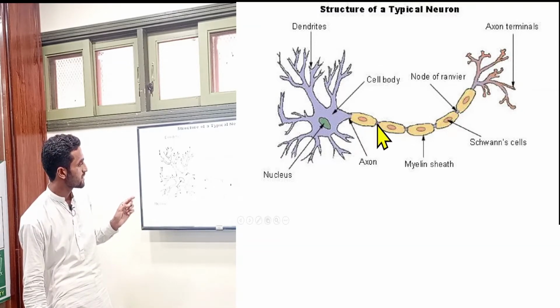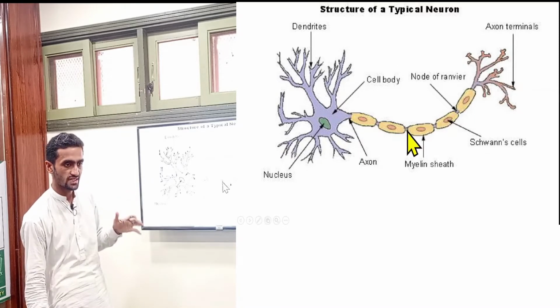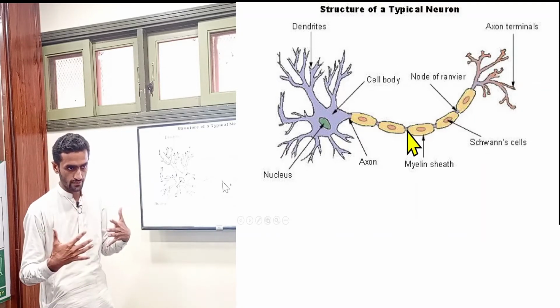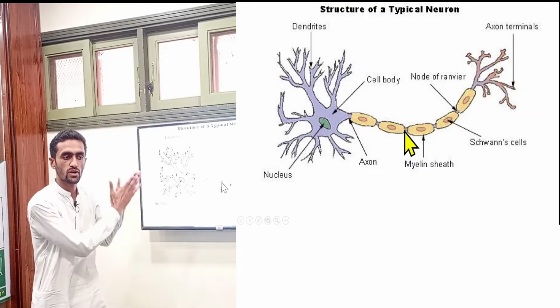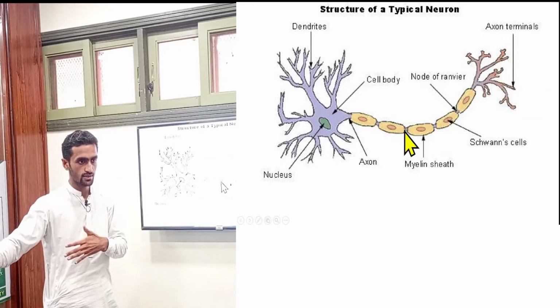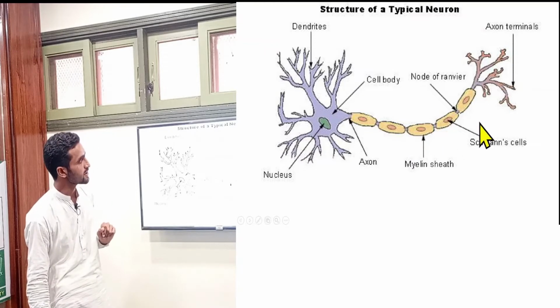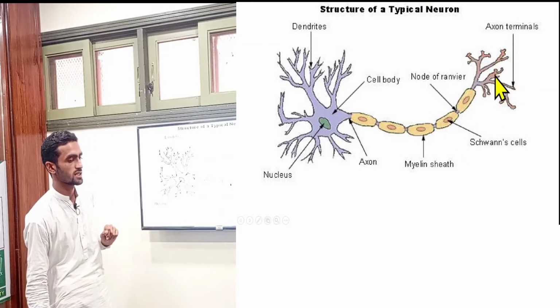Only this part changes, so it makes time shorter as compared to changing the potential throughout the axon. That's clear.